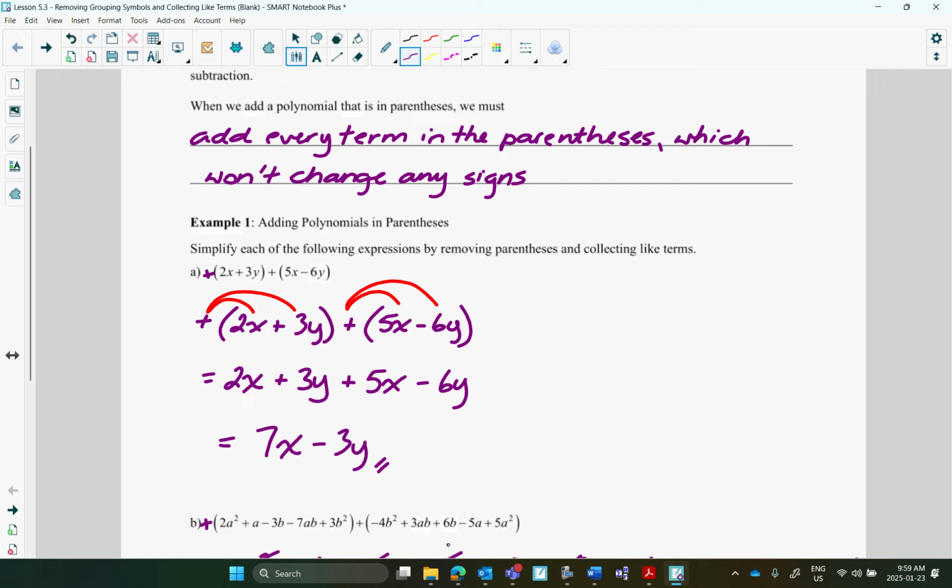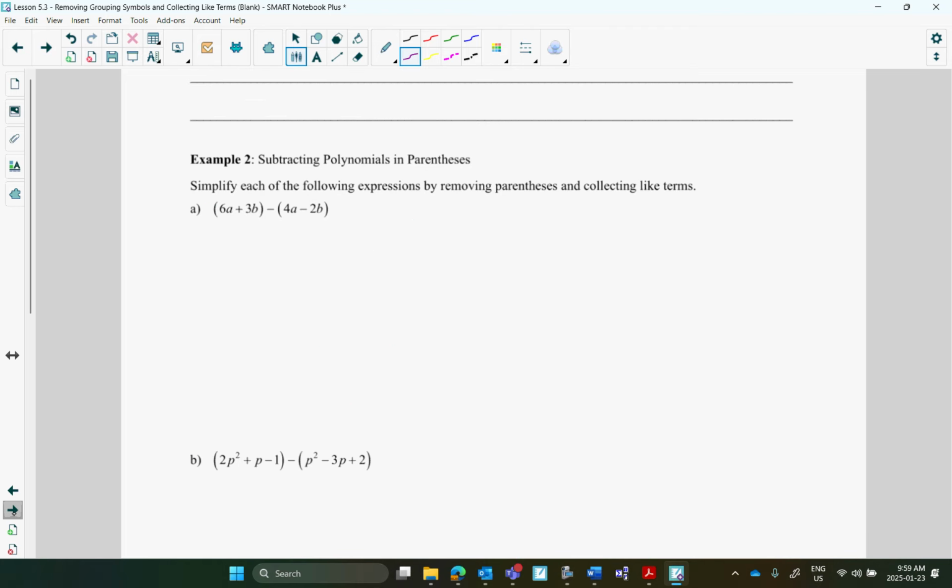Subtraction is a different story. You can't just take out the parentheses and nothing changes. And we'll see that in a second. Anybody still need this? Okay. So subtraction.